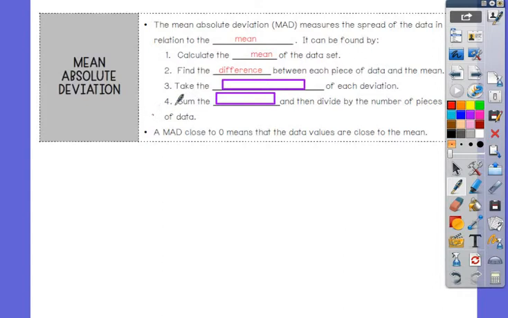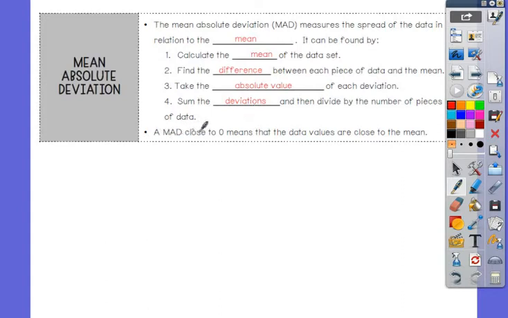Then number 3, you take the absolute value of each deviation. Remember, absolute value is the distance away from 0. It's always a positive number because distance is always positive. Then lastly, you take the sum of the deviations and divide it by the number of pieces of data. This will give you your MAD number, or mean absolute deviation.